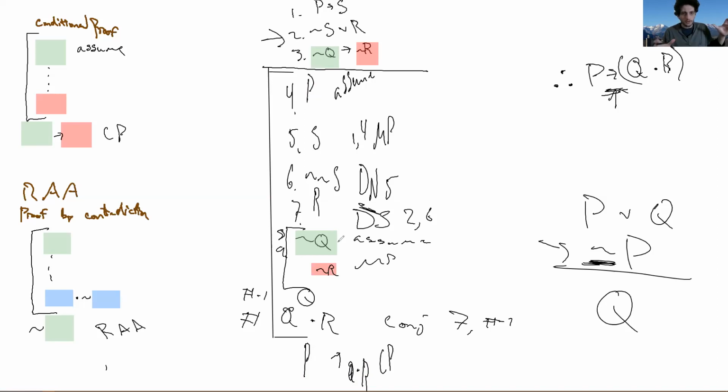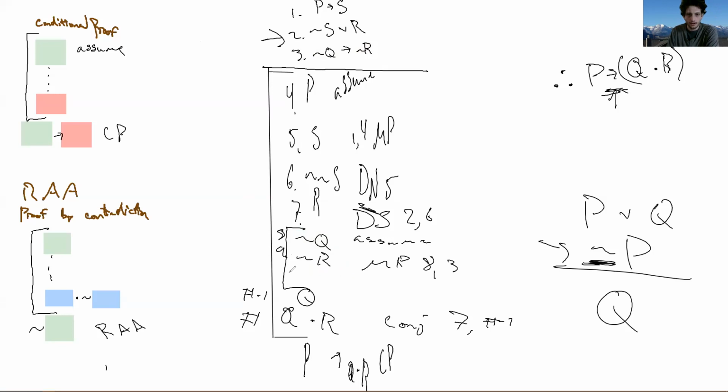And all modus ponens cares about, it doesn't care about how complicated the sentences are. It just says, if you give me that side, I will give you that other side. And so that's why we were able to do modus ponens like this. That's 8-3.